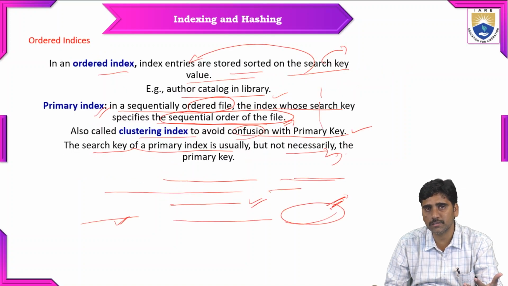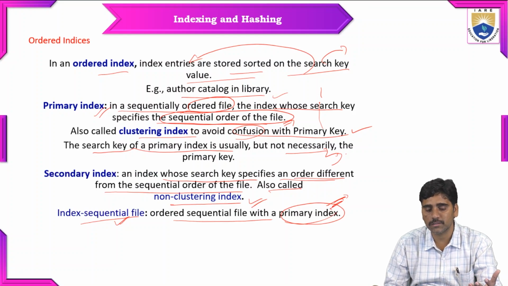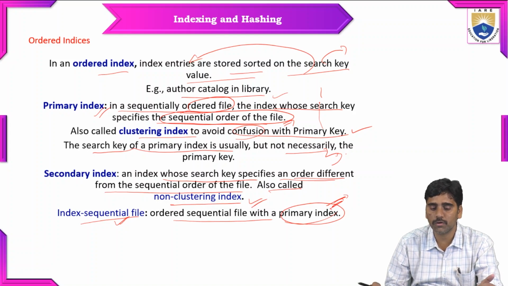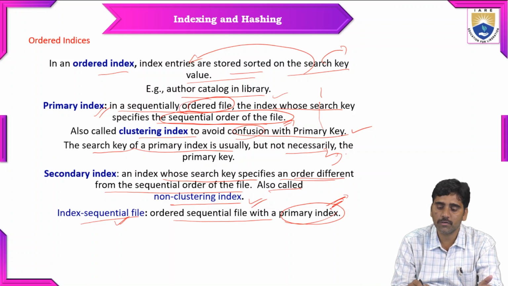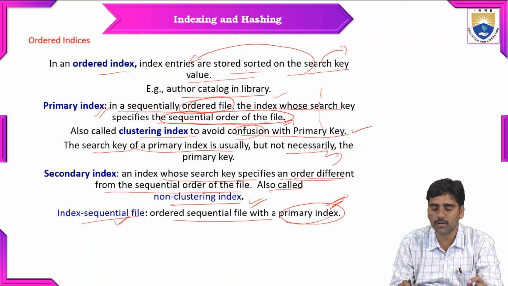And what are the ordered indices? There are different types of ordered indices: primary indexes and secondary indexes. Ordered index entries are stored on search key values. The primary index is, in a sequentially ordered file, the index whose search key specifies the sequential order of the file.